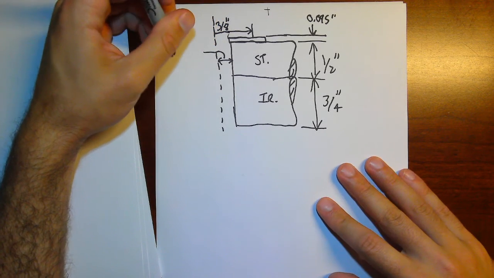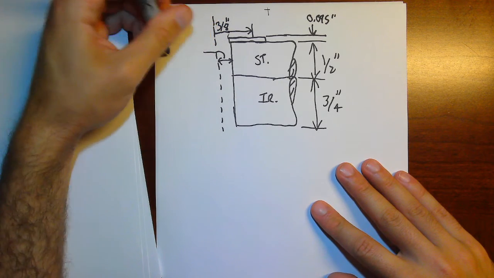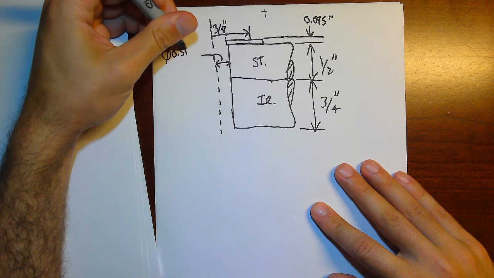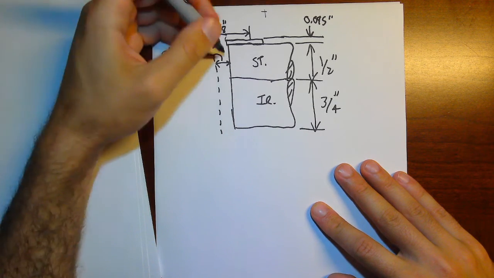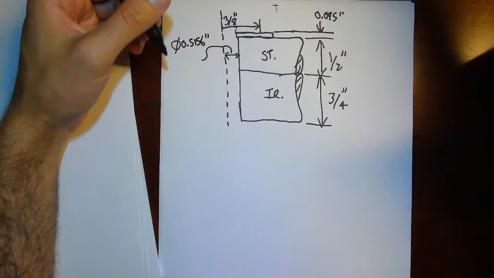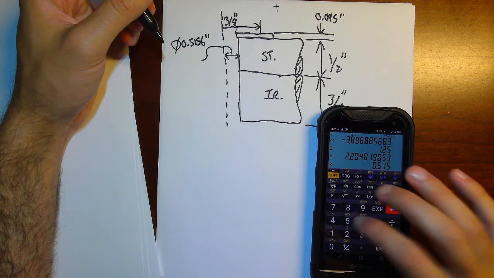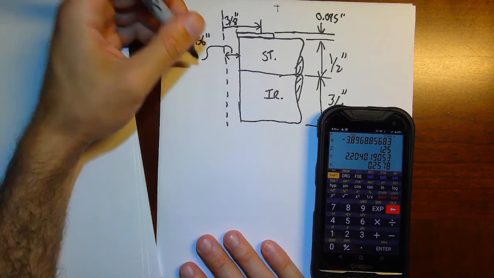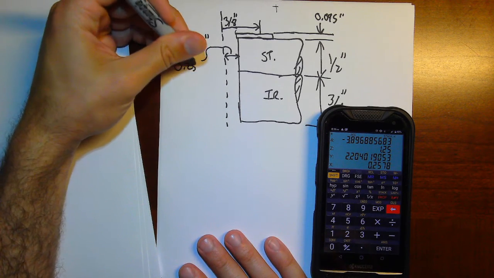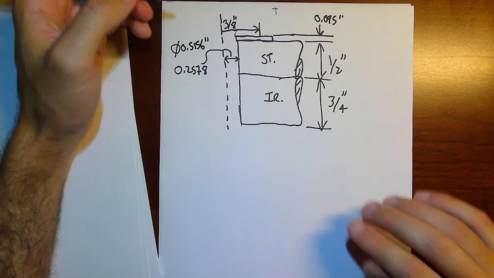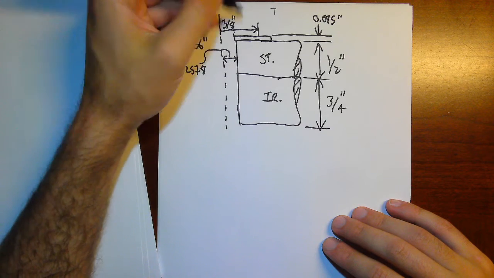So the diameter of this hole is 0.5156 inches, means that the radius would be 0.5156 over 2. So this radius is 0.257. Great. All right. We got that.